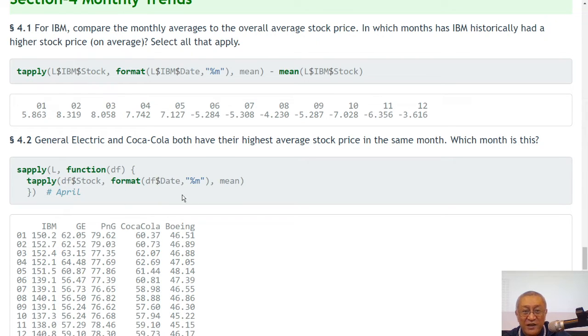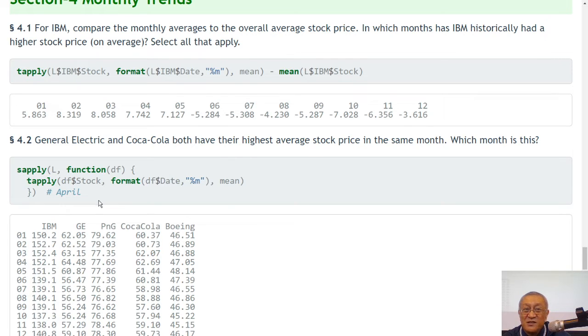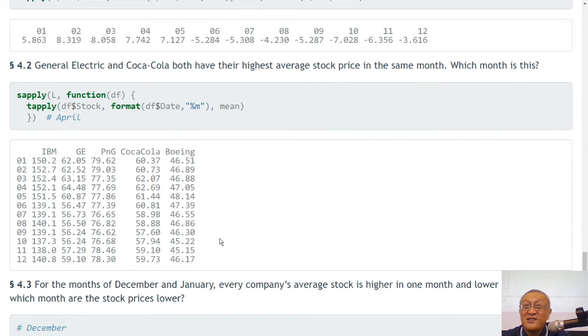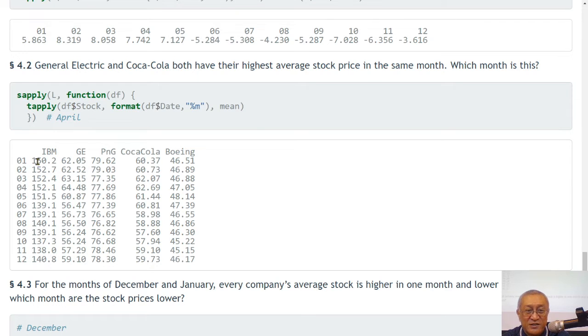In this T apply, I calculate the monthly average price of DF, right? But what is DF? Because we are doing S apply on L, this function will apply to all 5 stocks, right? So in these 3 lines of code, I actually generate the monthly average for every stock, right?